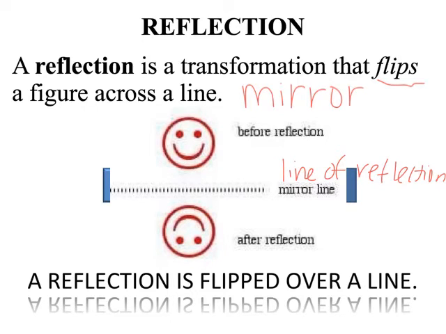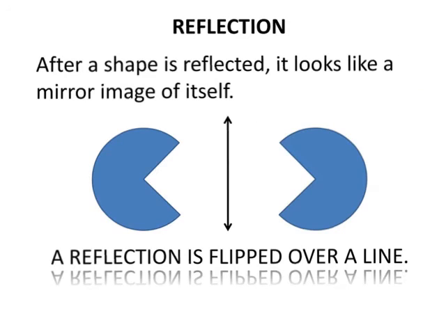When you reflect it over the line, it's now upside down or backwards. It still looks exactly the same, but when it changed its position, it flipped over and looks different. This means that we changed the orientation. Now we're facing a different way. After a shape is reflected, it looks like a mirror image of itself.